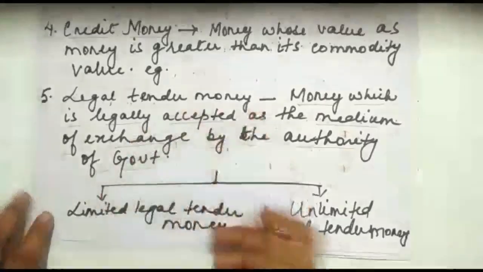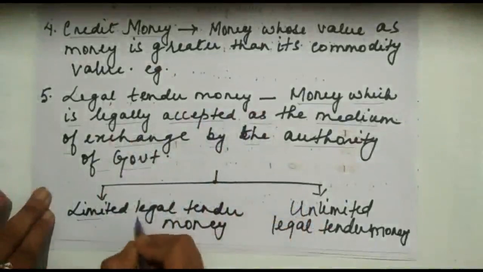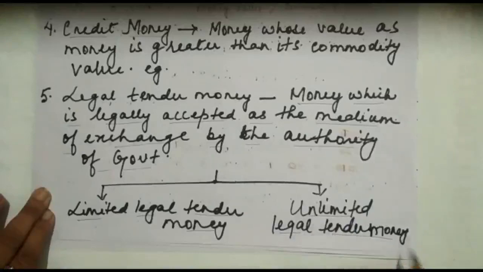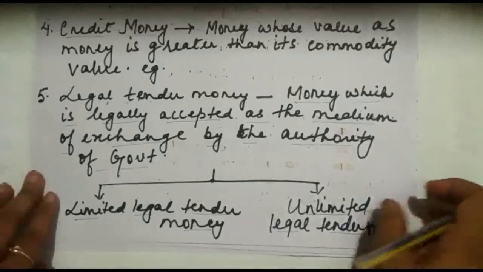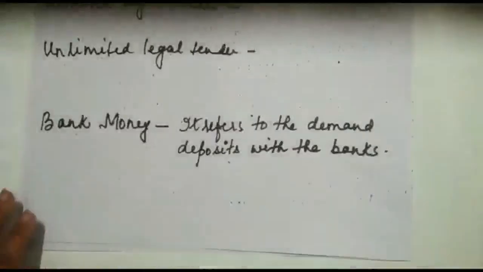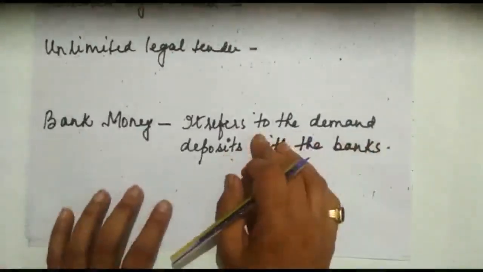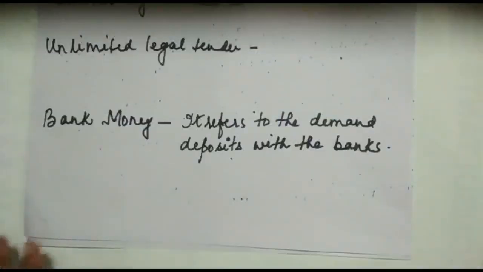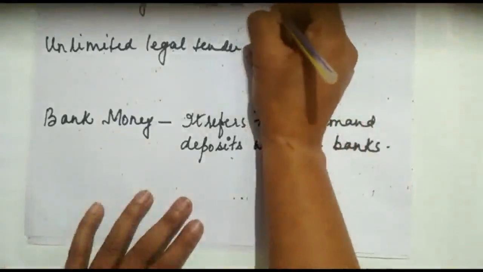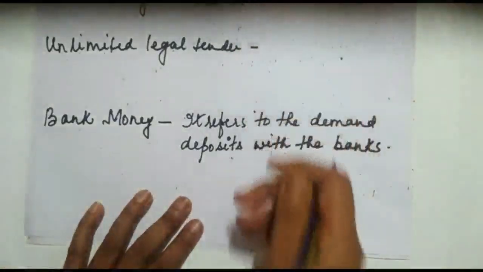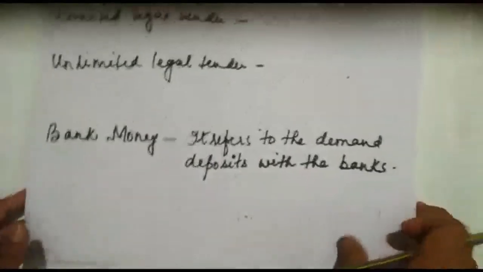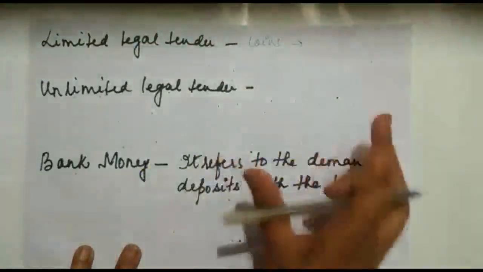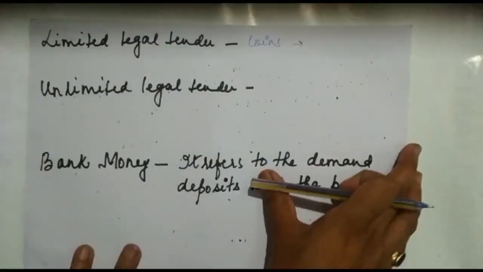Now, legal tender money is of two types: limited legal tender money and unlimited legal tender money. Under limited legal tender we get all the coins, because payment of a limited amount can be made with the help of coins.